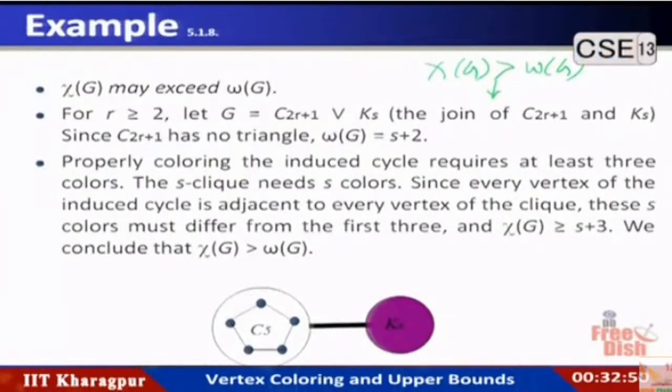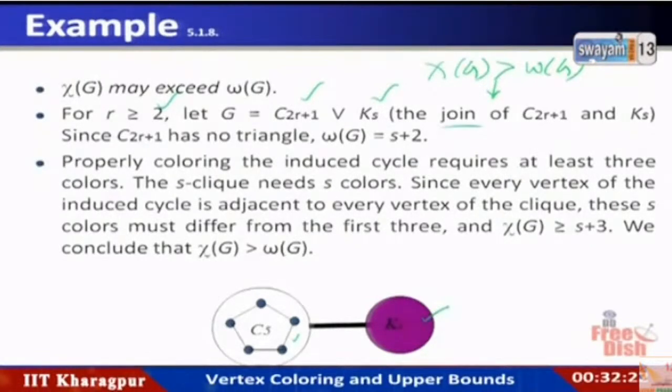Let us take values of r greater than or equal to 2. If we take r equal to 2, then C2r plus 1 forms an odd cycle, C5, and Ks is any complete graph, which is represented here.